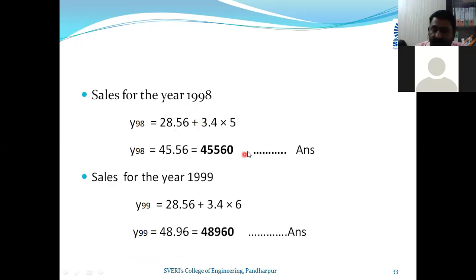The values are put in the equation, and we have got y equal to 45.56. The number is given in thousands in the initial data, therefore it is 45,000. Then for 1999 the x value is 6, and then we have gone for calculation and we have received this value.